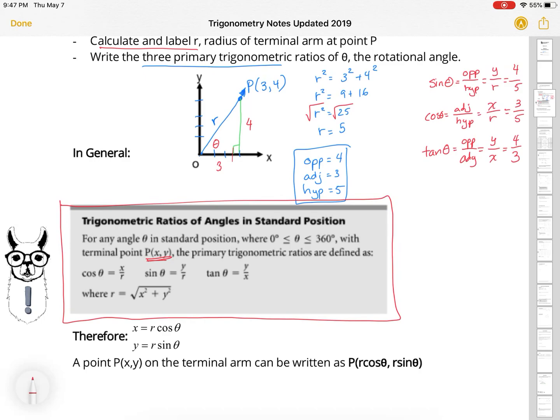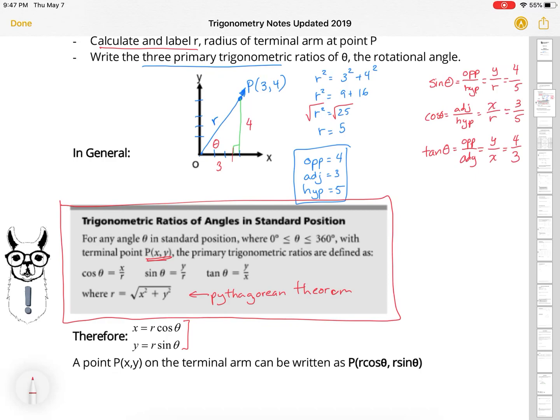Cos is always x over r, sine is always y over r, and tan is always y over x, where r, from the Pythagorean theorem, is equal to the square root of x squared plus y squared. So they've just rewritten the Pythagorean theorem to express r.